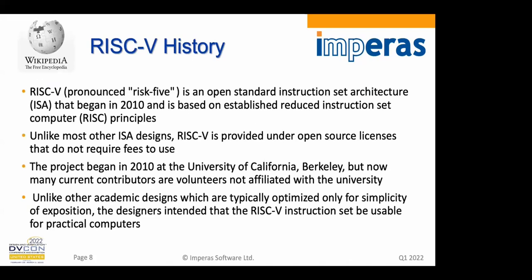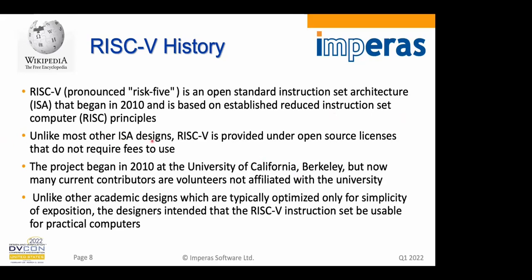So, RISC-V history. It's pronounced RISC-five. It's an open standard instruction set. It started in Berkeley, California, in 2010. Many people have been developing computer architectures for years, and they evolved to RISC, reduced instruction set principles, and that's where that project came from.